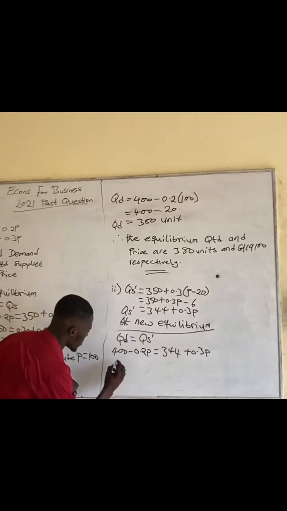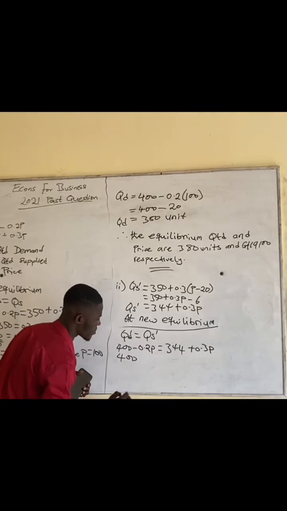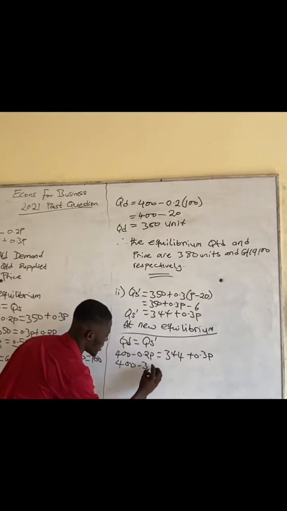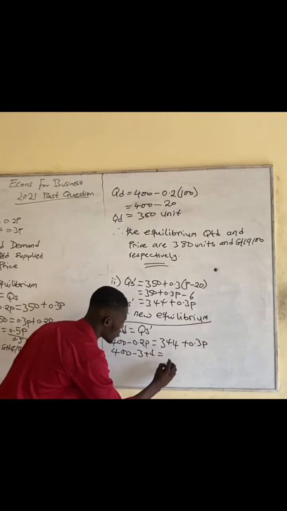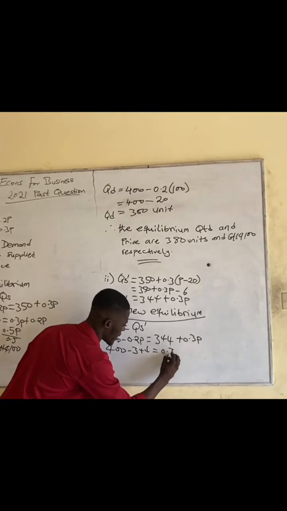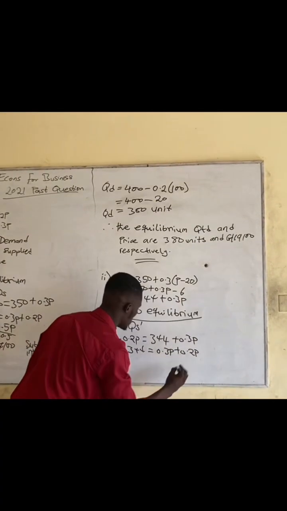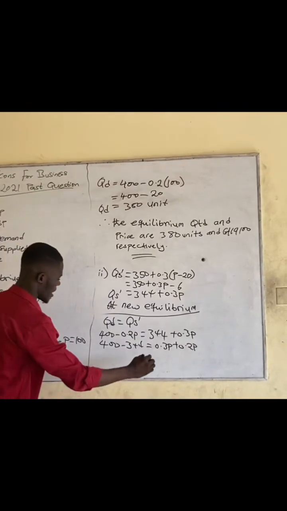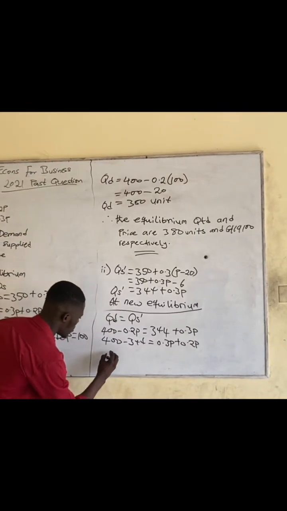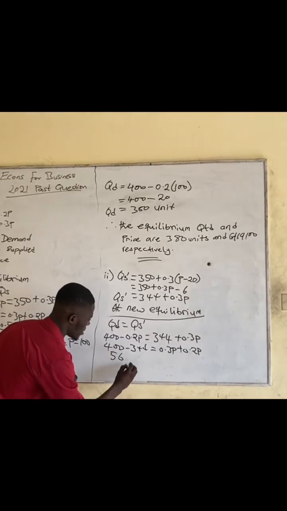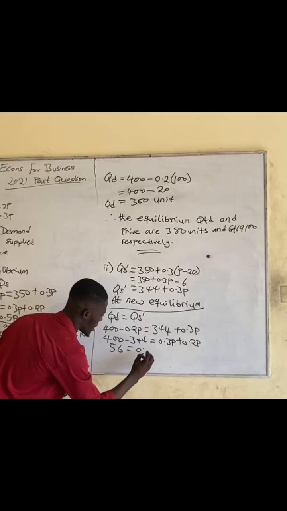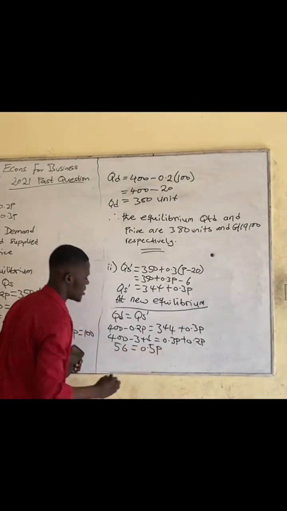So 400 minus 344 is equal to 0.3P plus 0.2P. This minus this, we get 56 is equal to 0.5P.